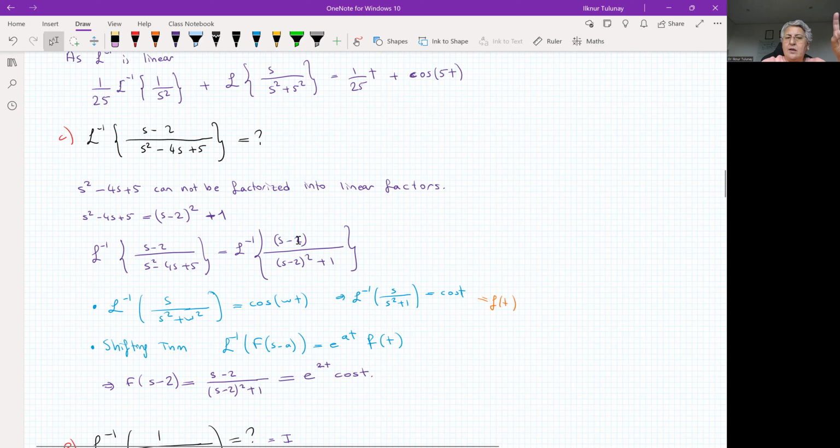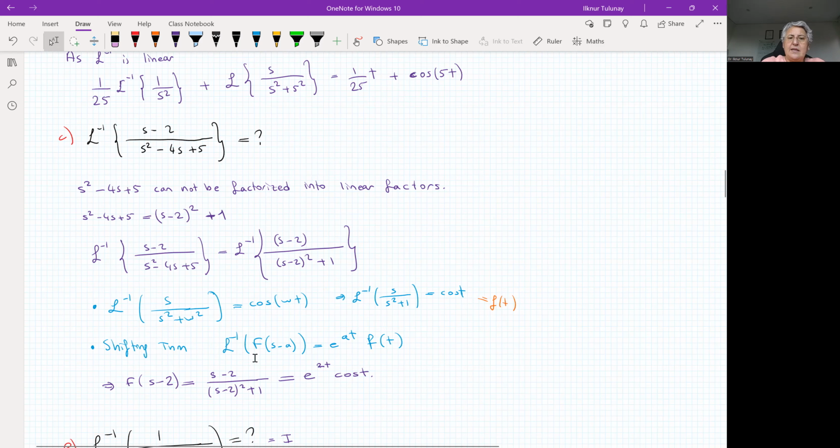squared plus 1. It looks like a cosine, right? The Laplace transform of cosine looks like that, except that instead of s, we have s minus 2. It means we have a shift, right? Then we need to use the shifting theorem.